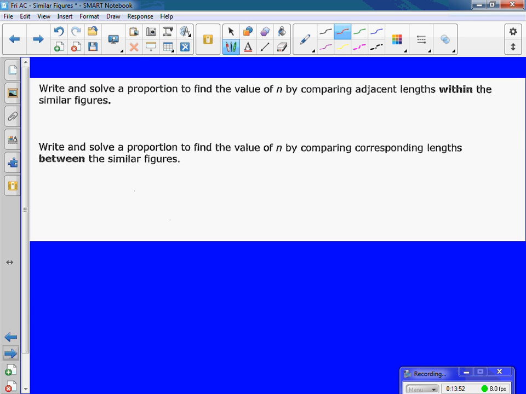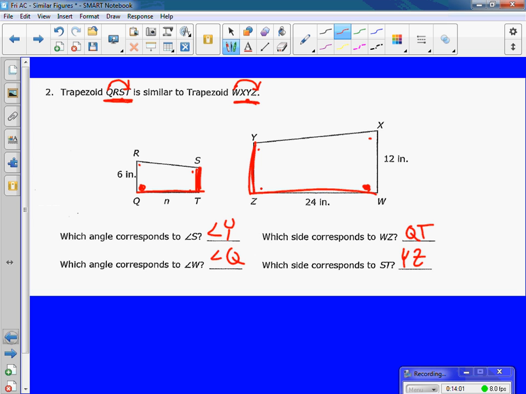All right, so the next part is we're going to write and solve a proportion to find the value of n by comparing adjacent lengths within the similar figures. So when I'm looking at my similar figures, I'm looking for n. So I'm going to set up a proportion within this figure. So that means I'm going to compare 6 to n.